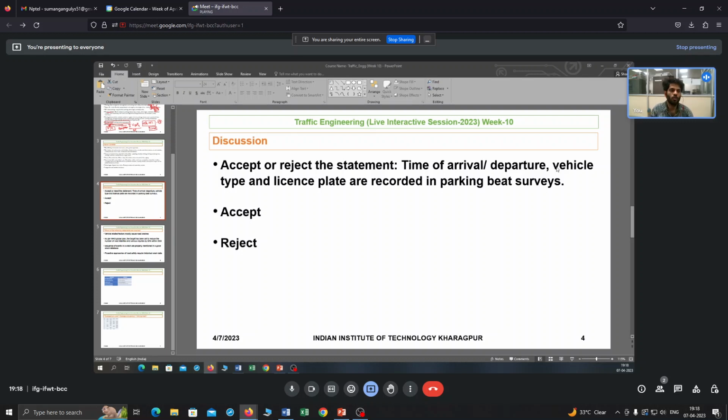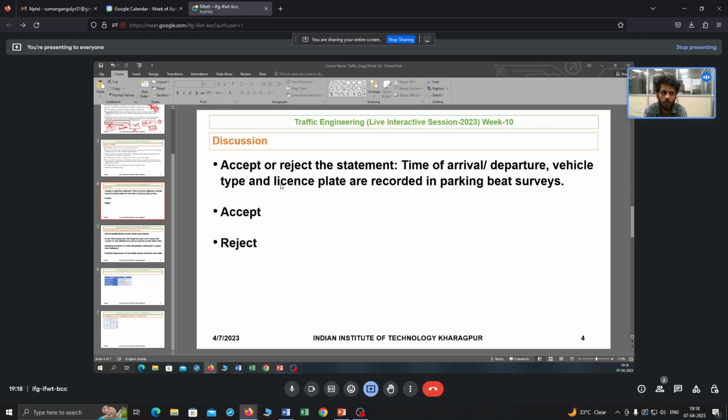Okay, since you do not have anything, let's start the Q&A session. The first question is an accept or reject type statement. Time of arrival and departure of parked vehicle, the vehicle type and the license plate are recorded in the parking beat service.